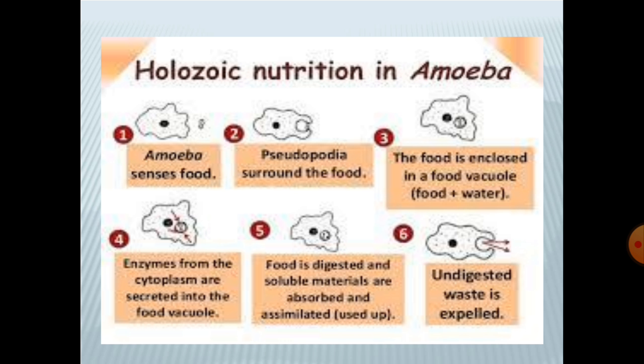The steps are: amoeba senses the food, pseudopodia surrounds the food, food is enclosed in a food vacuole, enzymes convert the complex food into simple form, the food is digested, and the undigested waste is expelled out from the body.